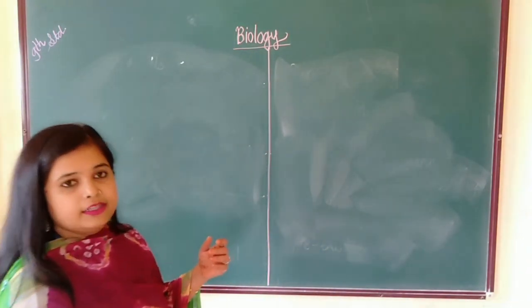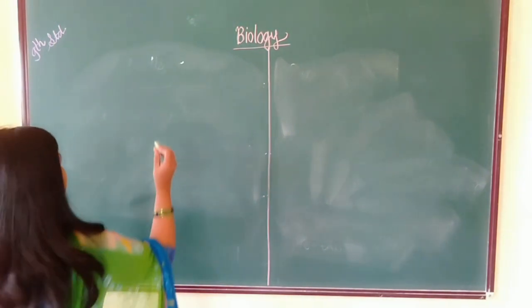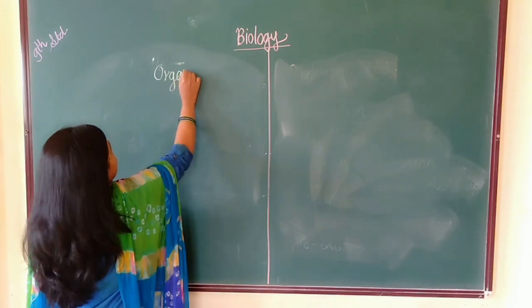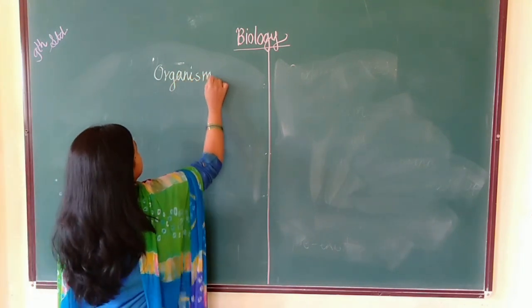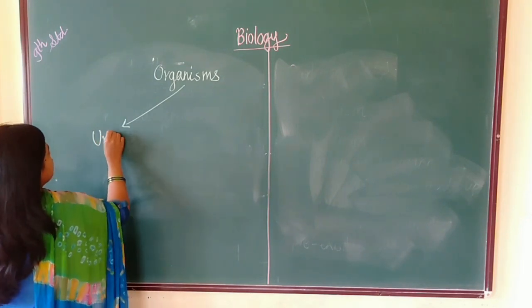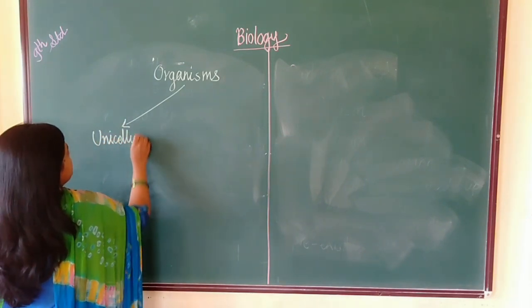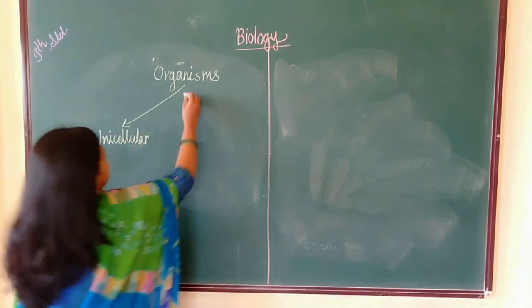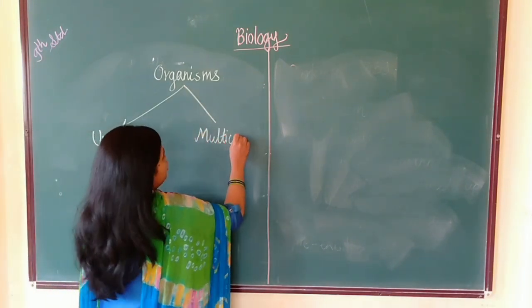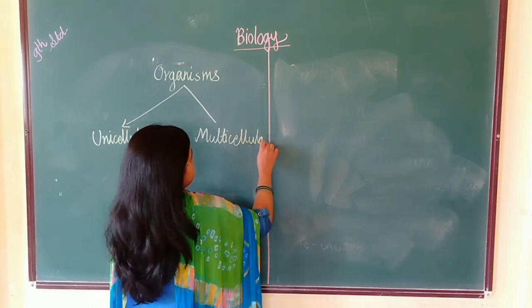So these organisms are called unicellular organisms. Organisms are now categorized as unicellular, means the whole body is composed of a single cell, and multicellular. Multicellular means their body is made up of many cells.